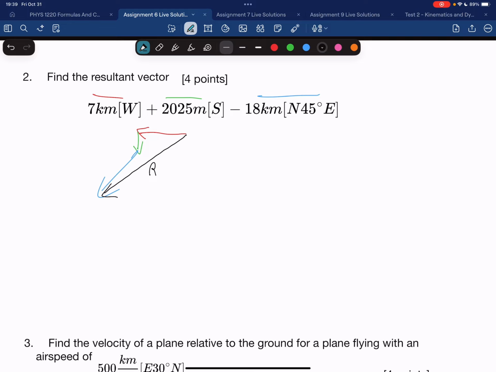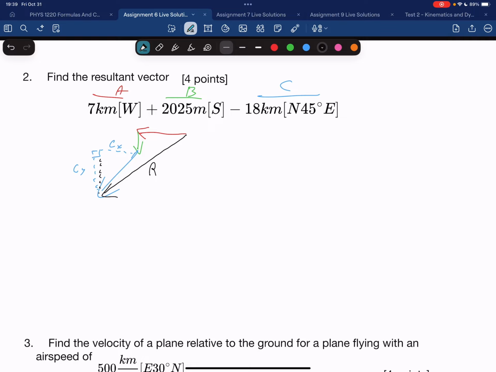So I am going to label these vectors A, B, and C, just to keep track of them. I see right off the bat that vector C is the only one that I actually really have to break into components here. So I'm going to have Cx and Cy.